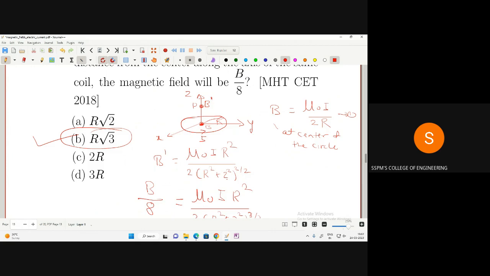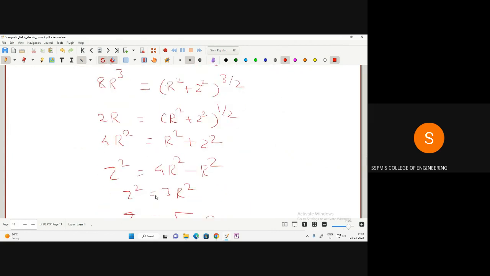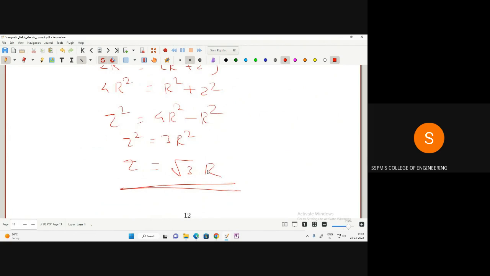And second equation we require the magnetic field at the P, where P is located on Z axis, and that is equal to mu 0 I R square divided by 2 multiplied by R square plus Z square to the power 3 by 2, where Z is a distance between P and center of the coil. हा Z असणार. मग काय करायचं, इक्वेट करायचं. एक कंडिशन दिलेलं आहे, at P the magnetic field is B by 8 where B is given mu 0 I upon 2R. नंतर हे सॉल्व करत जावा तर तुम्हाला Z मिळणार. Z is root 3 into R.